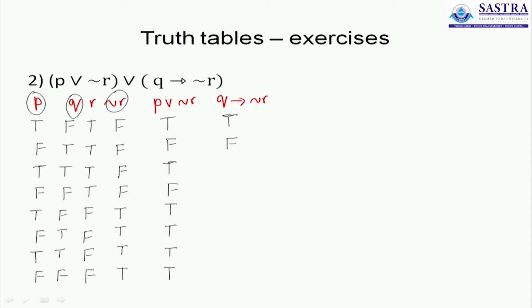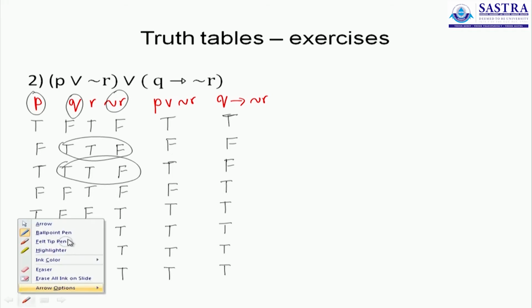The hypothesis is true and the consequence is false, and this combination is obtained only in the second row and the third row. In all other rows you don't find this combination, and therefore only the second and third rows will have a false value. The remaining 6 rows will have a true value.